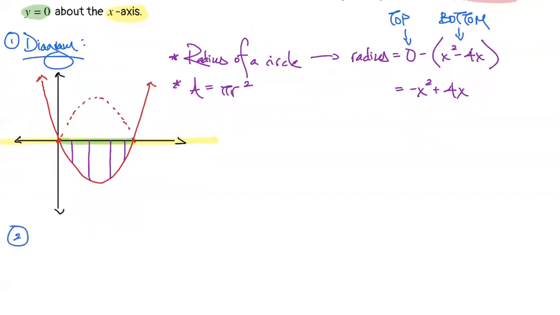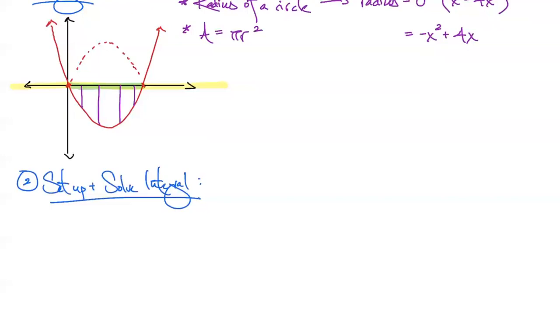Now, once we've done that, now we can set up and solve our integral. Okay. And so we can say the volume equals the integral of area. I think we are appropriately choosing dx because we're stacking our circles along the x-axis.